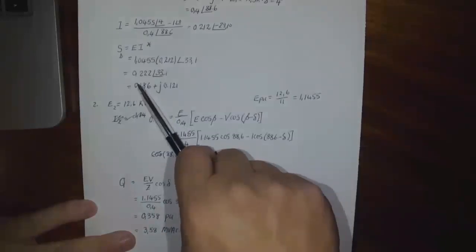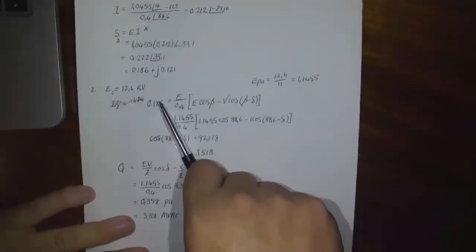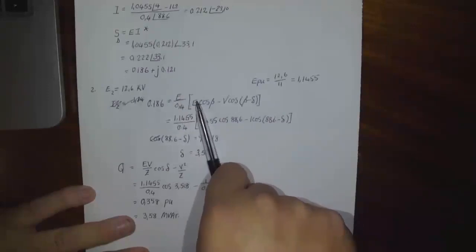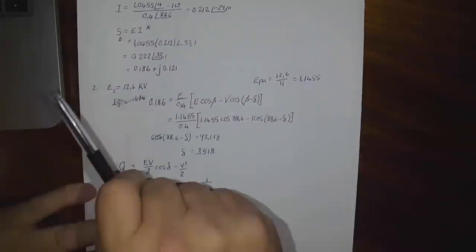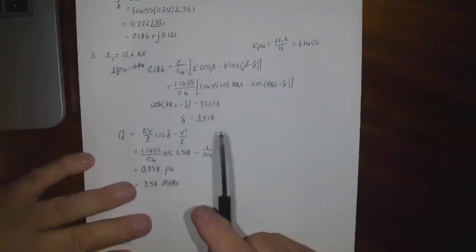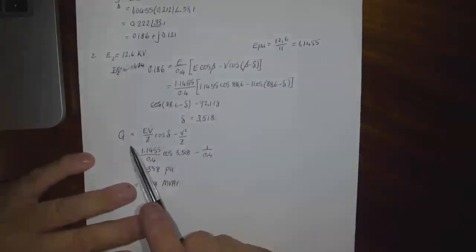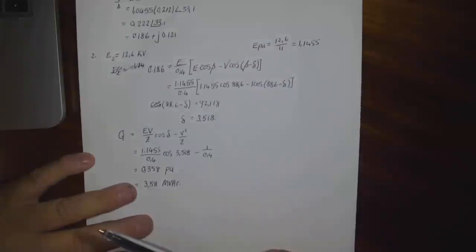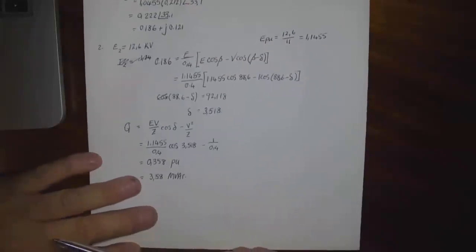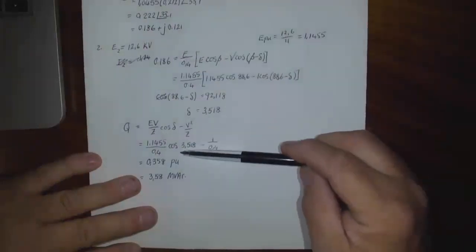P is going to remain the same, and we're just going to change E. So we use the formula P is E over Z, E times cos beta minus V cos beta plus delta. Then you'll see that the load angle changed to 0.3518. Then we can calculate the developed Q, which is EV over Z cos delta minus V squared over Z. There you can see it's 0.358 per unit. So you can see it changed from 0.121 to 0.358 per unit.